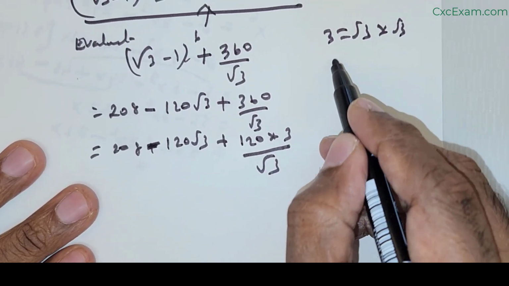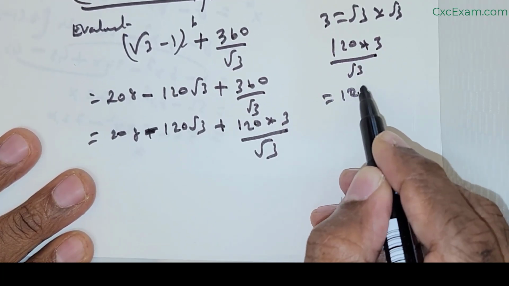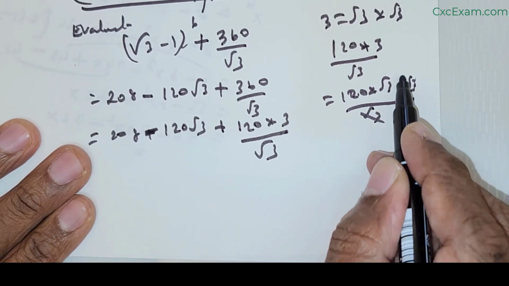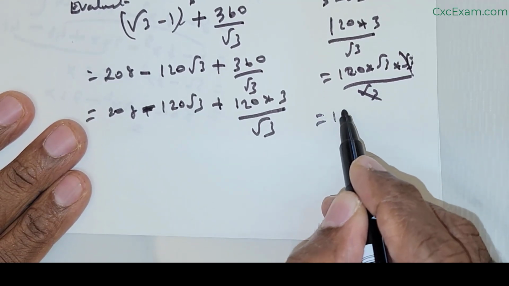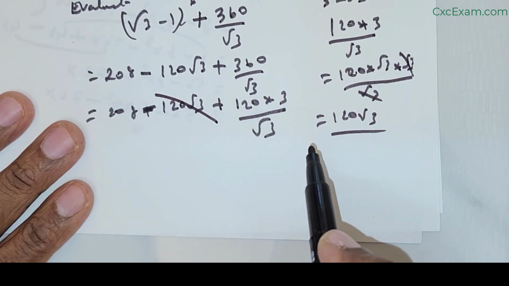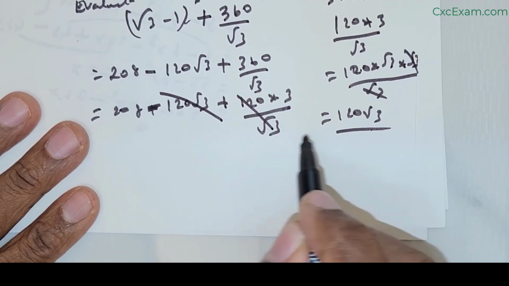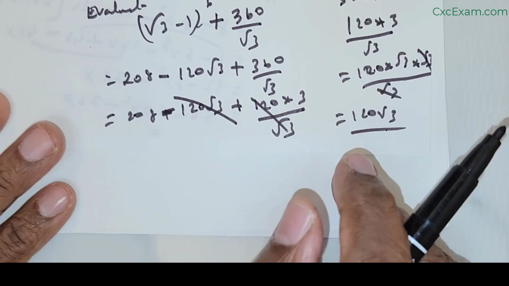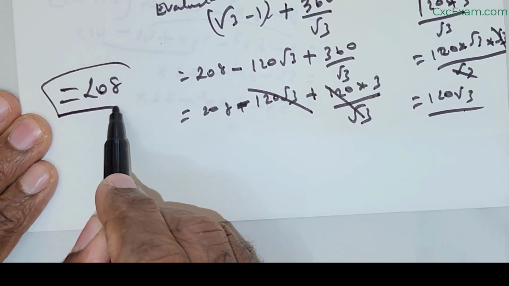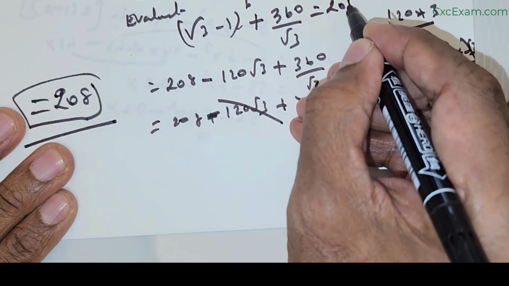So that means 120 times 3 divided by √3 is going to be 120 times √3 times √3 divided by √3. The √3 gets cancelled, giving me 120√3. So the −120√3 and +120√3 which we have got, they get cancelled. And that leaves us with the value of 208. So this is the final answer to the question. So this is equal to 208.